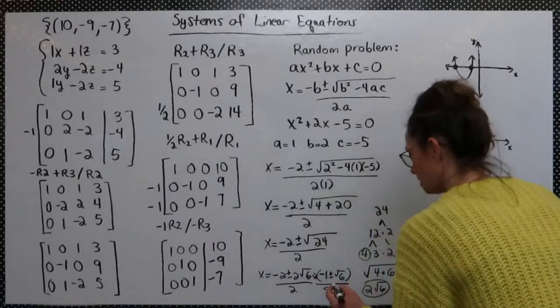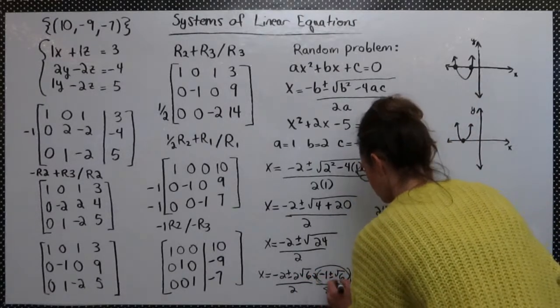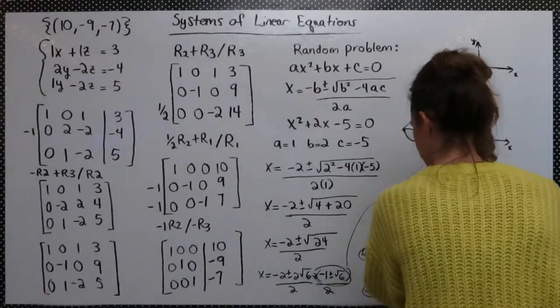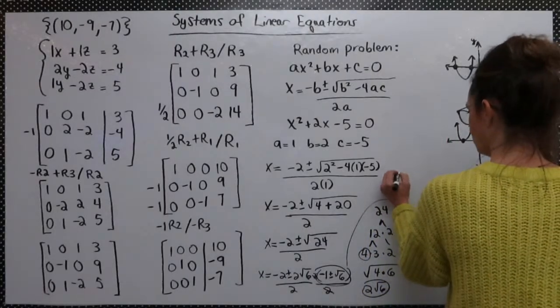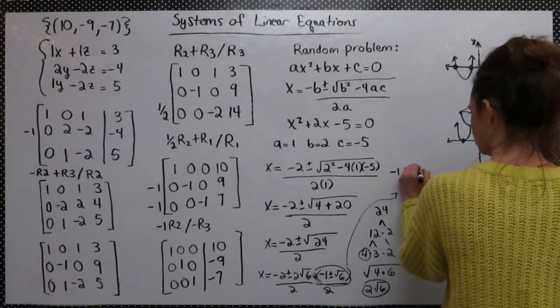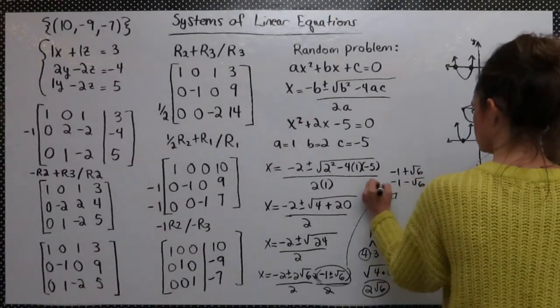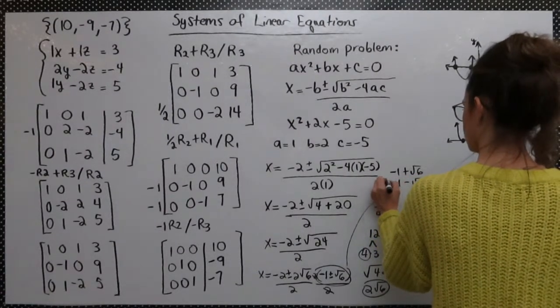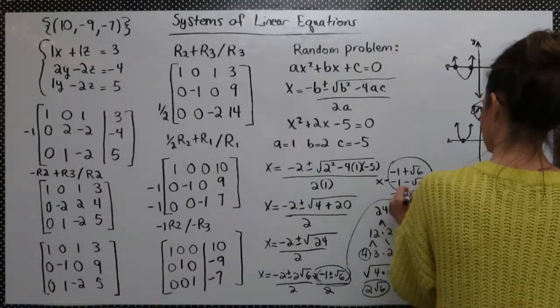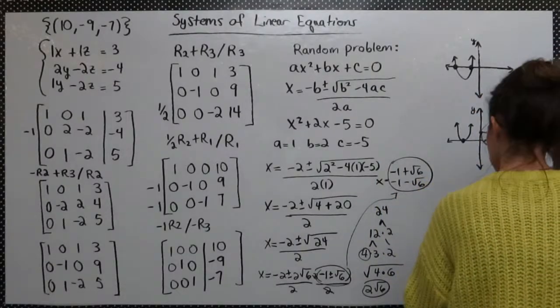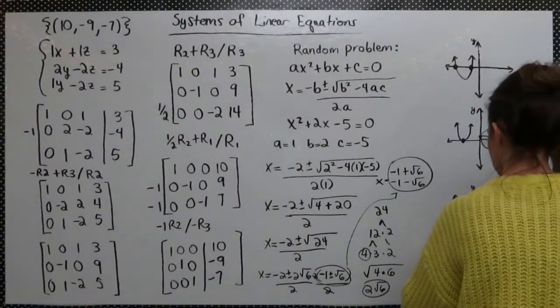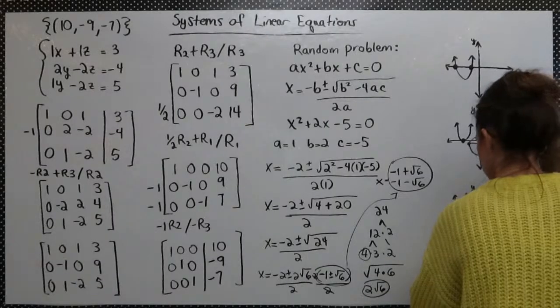Simplify it that way, and so we have this value there. So it's going to give me -1 plus radical 6 and -1 minus radical 6 for x. So we're just locating those on the graph. So it's saying 2 real solutions.